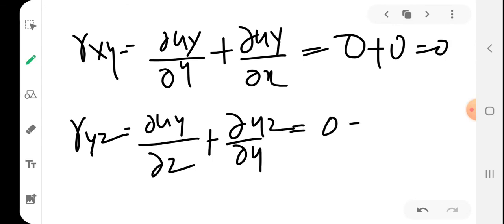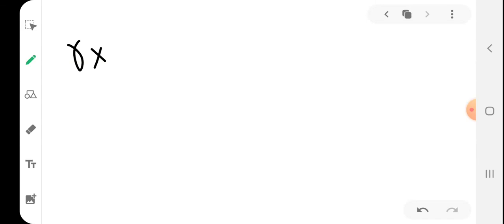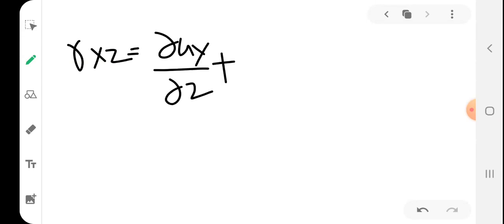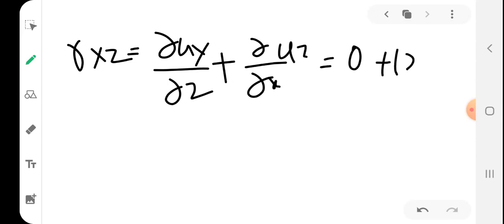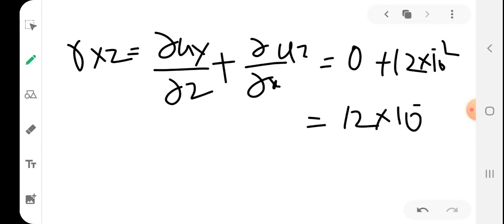So this will also be 0, since this value and this value are 0. And gamma xz will not be 0. ∂ux/∂z plus ∂uz/∂x will be 0 plus 12 into 10 raised to minus 2. This value will be 12 into 10 raised to minus 2.